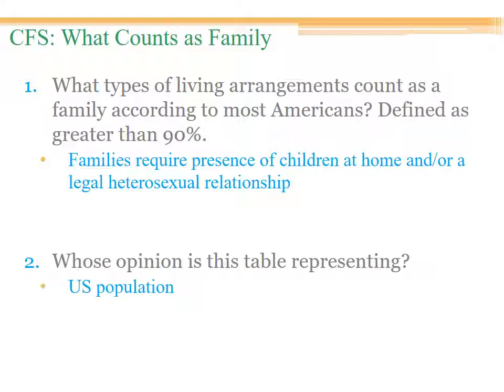This table represents the U.S. population. While the survey was asked of 712 respondents, they were a sample of the U.S. population. So findings from this study are generalizable to the U.S. population. So because the survey used probability sampling, the responses from the respondents, we can assume that that is the same as the U.S. population.